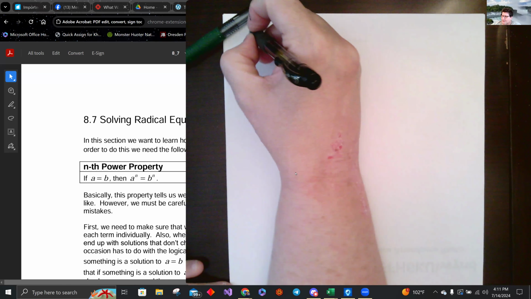This is x plus 3 times x plus 5. We split this into x plus 3 equals 0 or x plus 5 equals 0. We get x equals -3 or x equals -5.